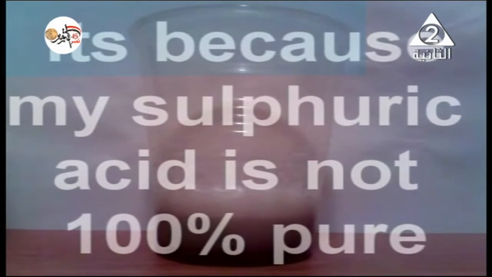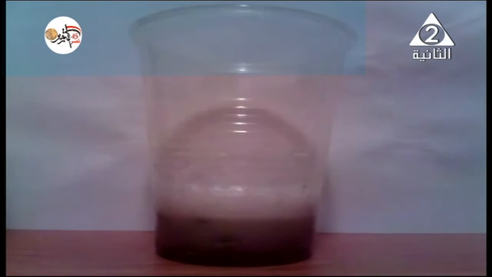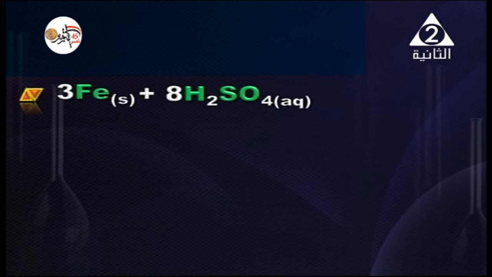Here in the reaction as shown on the screen, some water is present as the acid is not 100% concentrated. My dear student, the reaction equation proceeds on the screen.